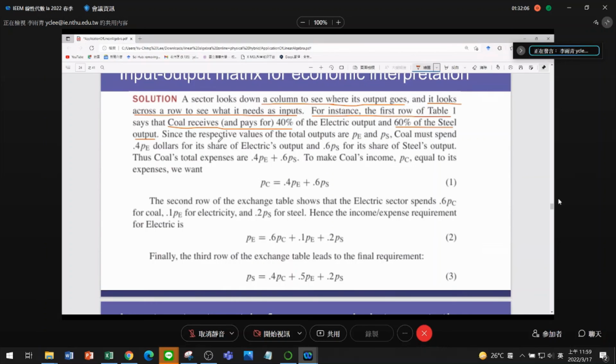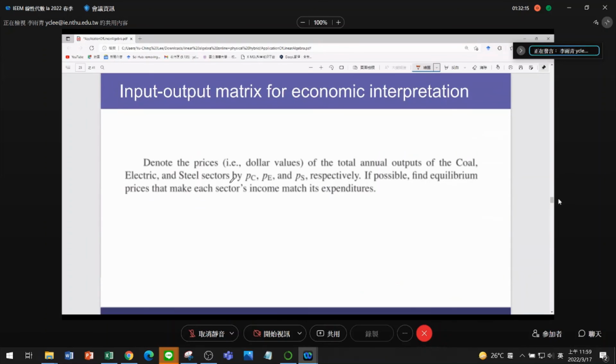And since the respective values of the total outputs are PE and PS, here we let P denote the total annual output, the price of the output in dollar value of the coal, electric, and steel sectors, denoted by PC, where C stands for coal, and then PE, where E stands for electric, and S stands for steel.